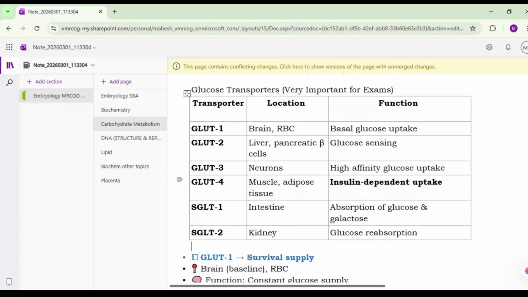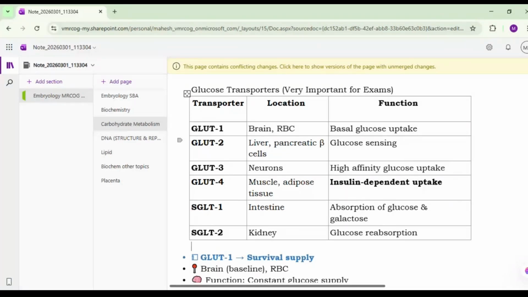Now glucose transporters, these also you can remember. There are different types of transporters present in different tissues. See, GLUT1 is present in the brain and RBC. The function is basal glucose uptake. Remember, GLUT1 is in the brain and RBC, because brain and RBC require glucose for their metabolism continuously. So the priority is GLUT1.